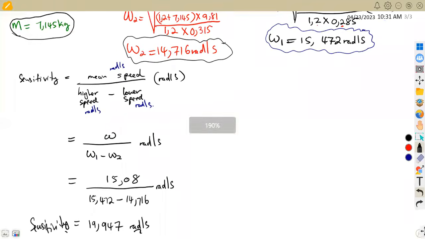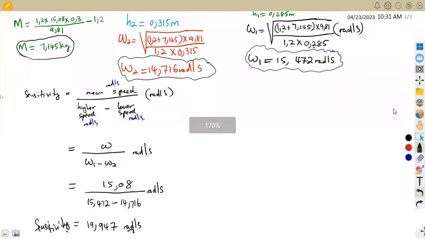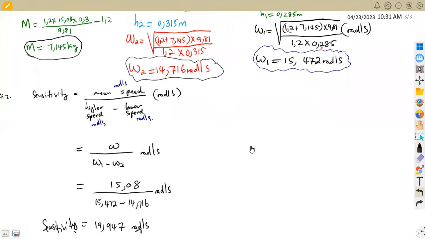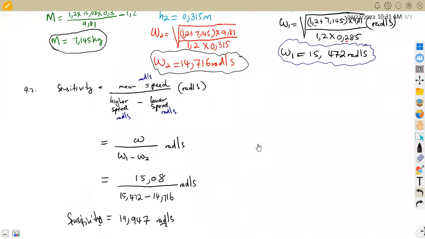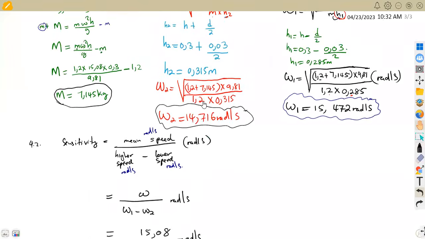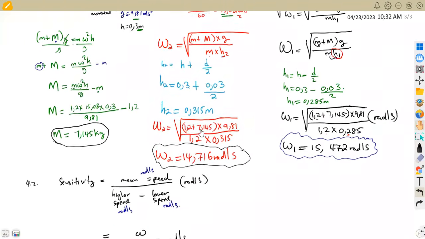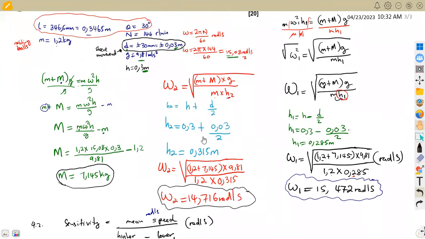That's our question 4.2. These are the typical questions that you might be given. Governors can actually be asked on a single question, just all about governors, for 20 marks. So you have to be very careful on your calculations, especially when dealing with a Porter governor.